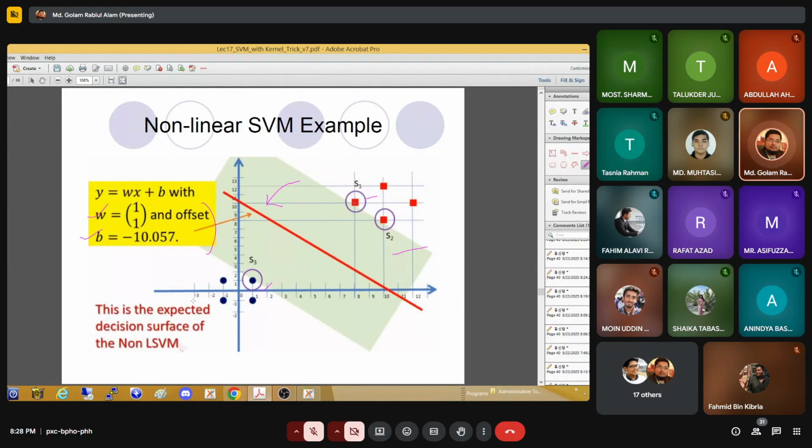So this is how, by applying some kernel trick, we can deal with the nonlinear support vector machine.